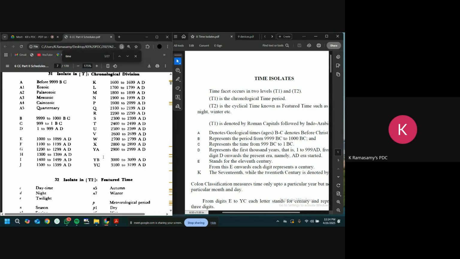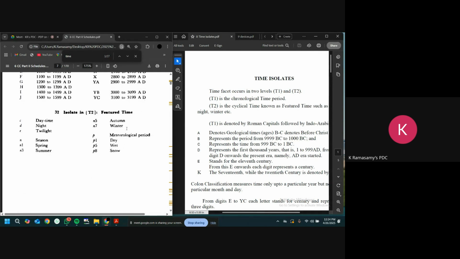When you come to time 2, we say daytime, night time, spring season, summer season, autumn season, winter season, dry season, wet season, snow season. They are called time 2 isolates, T2 isolates. Same formula. For a single title, you can add both the T1 and the T2. Before T1, you should add single inverted comma. Before T2, you need to add single inverted comma.